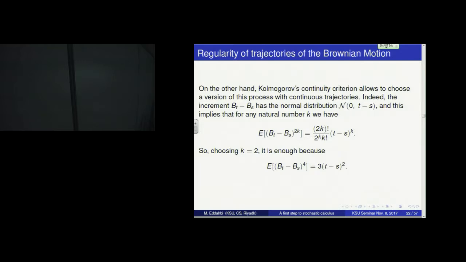So for k equal to 4, I have exactly this equality. And now, since we have an integral here, what is the regularity of B_t minus B_s? If I take here, for example, 1 over 2, I will get here 1 over 2. If I take here 1 over 4, I will get here the square root of t minus s.